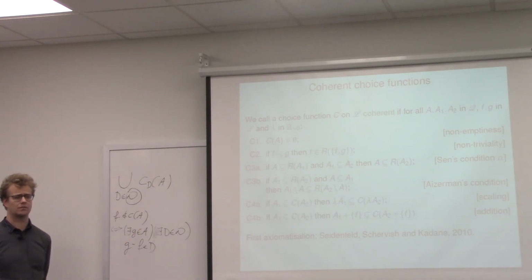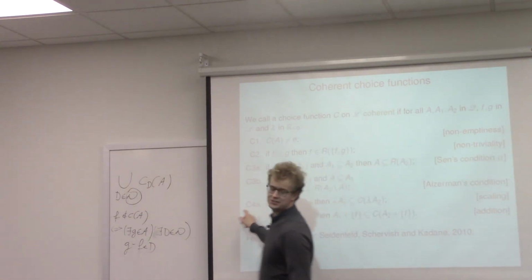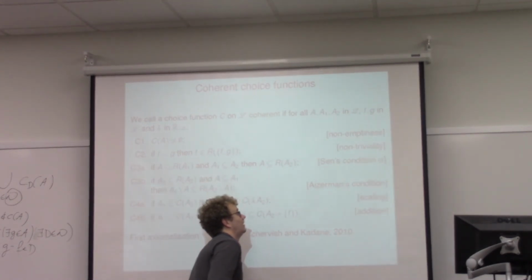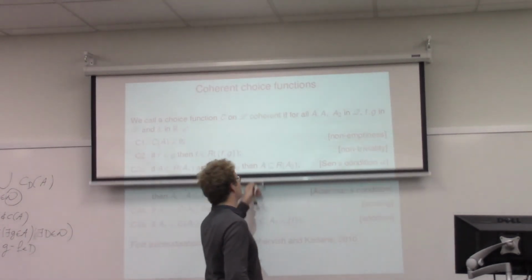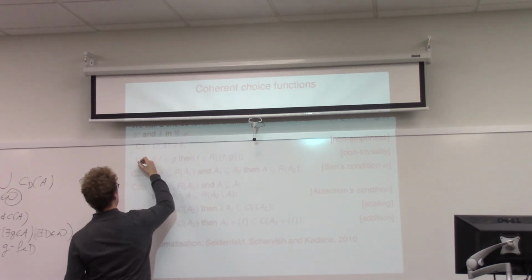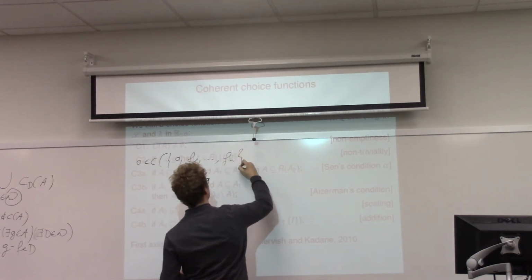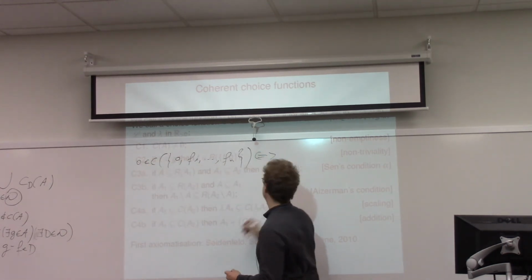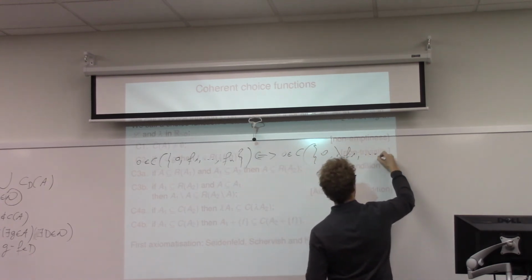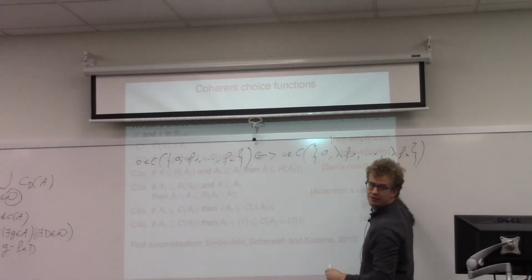And the example where it doesn't hold, you don't like? The example is, well, the problem with 4a is too weak. 4a basically says this: if I have a menu of this form and gambles, then 0 is chosen from it if and only if 0 is chosen from any such choice function where I multiply it by a common lambda for every gamble.